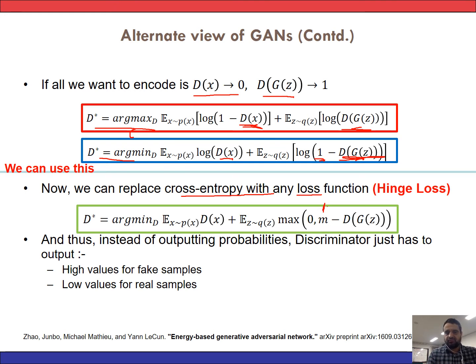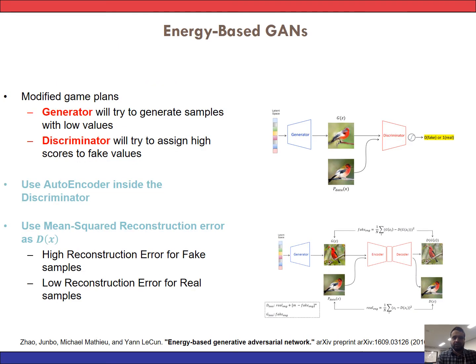We can set some values and then optimize this objective function. So it will give high values for fake samples and low values for real samples. The authors of this paper call this modified version of the vanilla generative adversarial network the energy-based GAN.